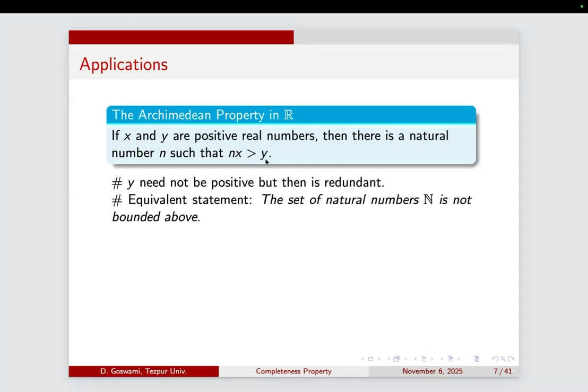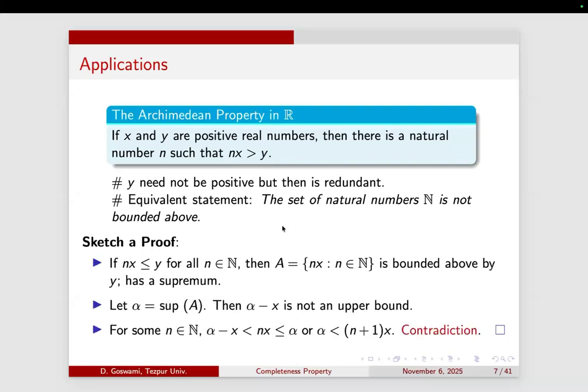That means the set of natural numbers is not bounded above. If you give me any real number y, I can always find a natural number n such that n is strictly greater than y. It's an immediate result of the existence of supremum.